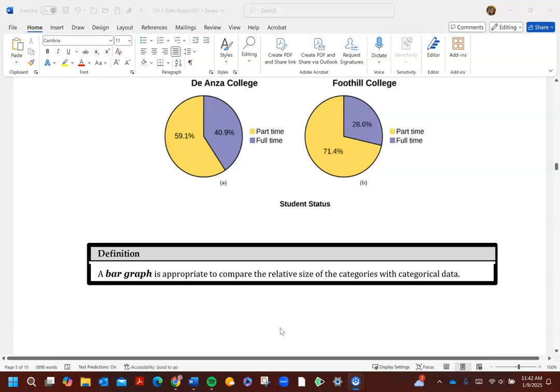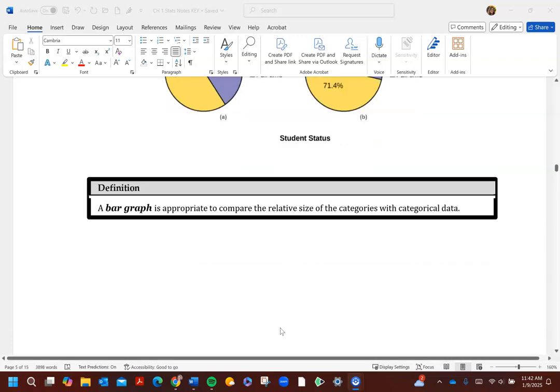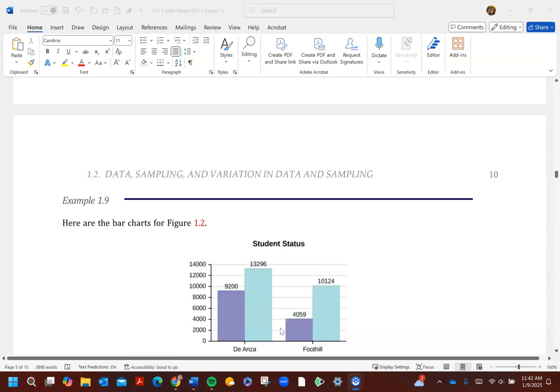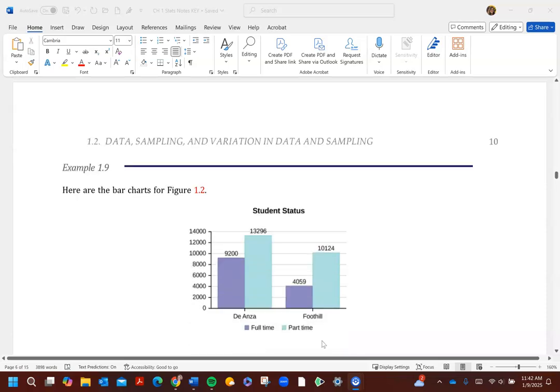Bar graphs help you see the relative size as well with categorical data. Here's an example, and the comparison side by side.